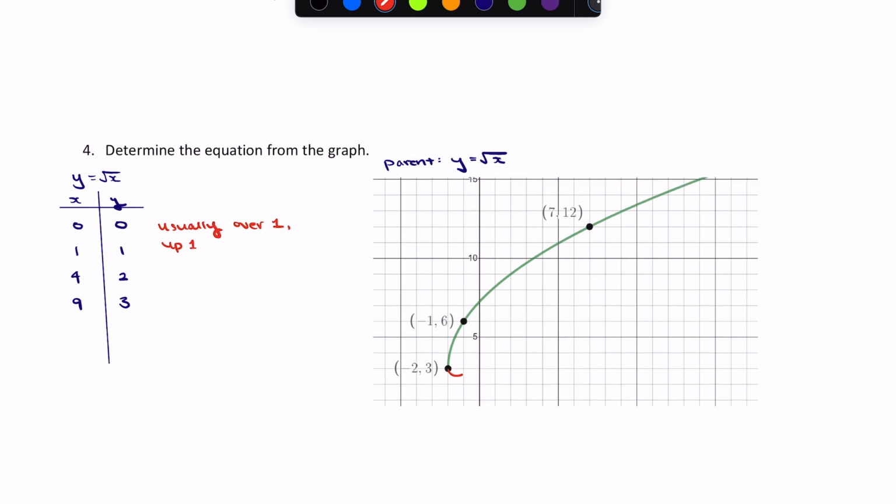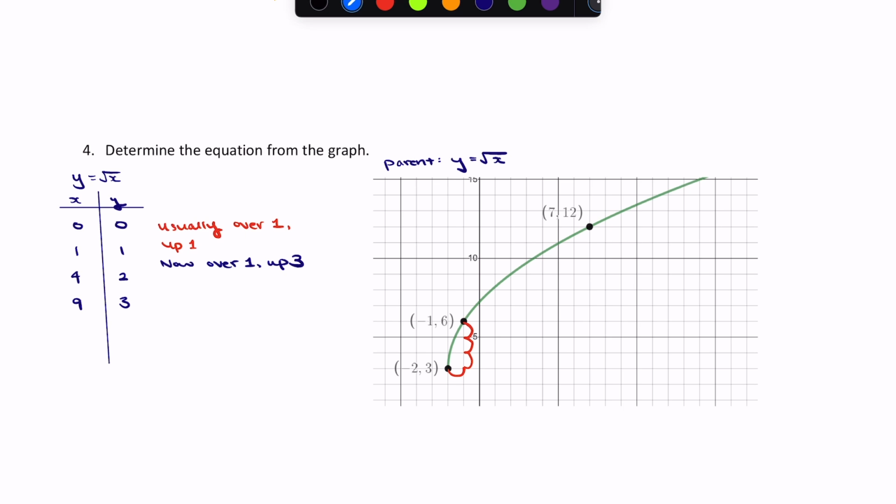We see if we go over 1, instead of it only being up 1 now, it's up 3. So what we see is now we have over 1 and up 3. And so what does that tell us?